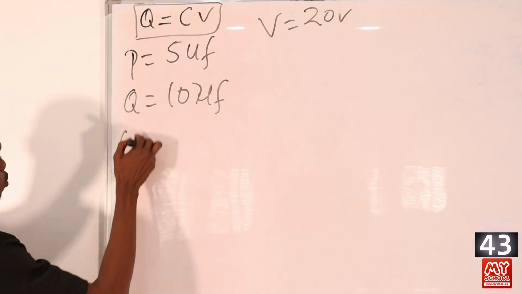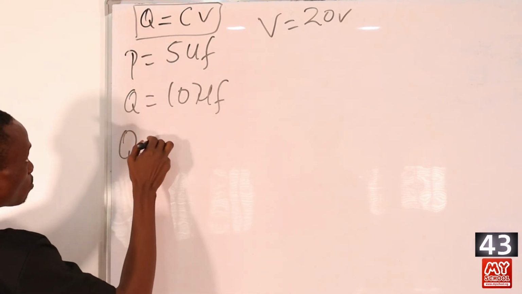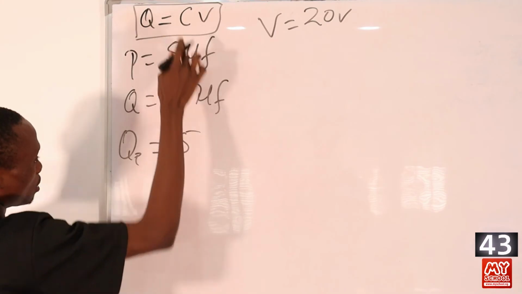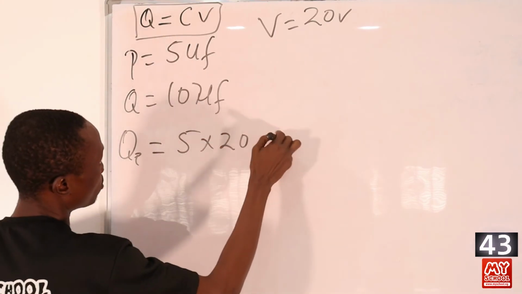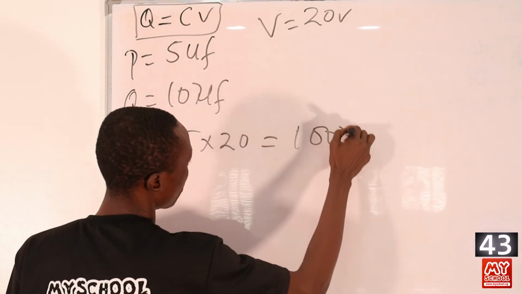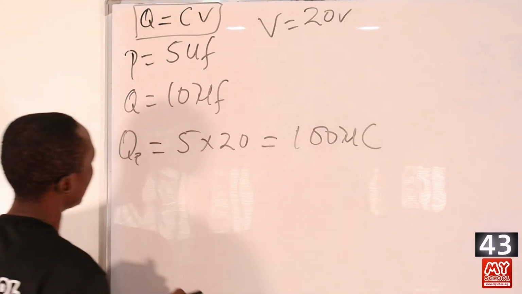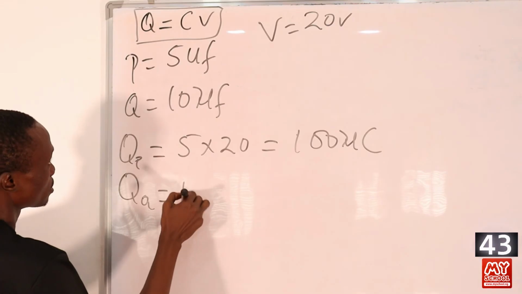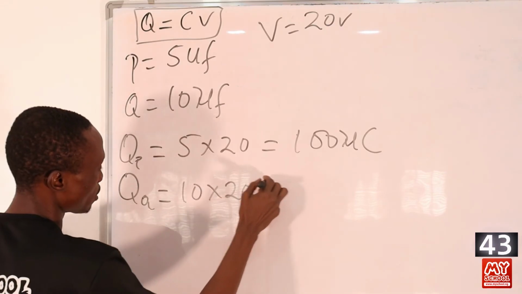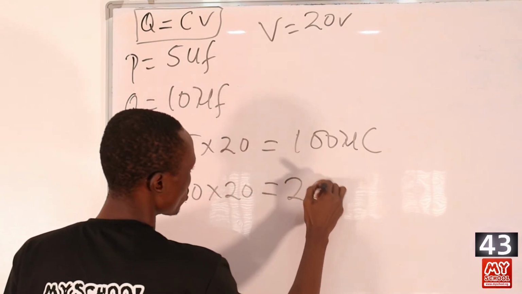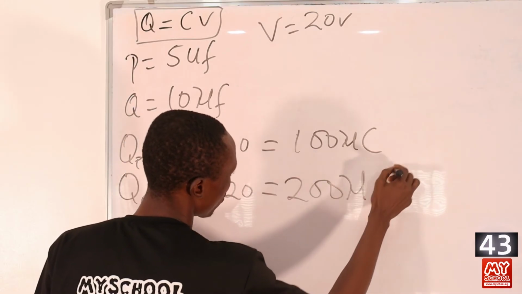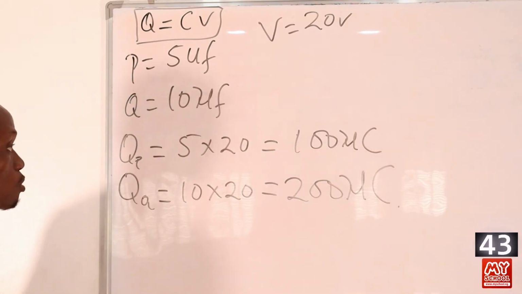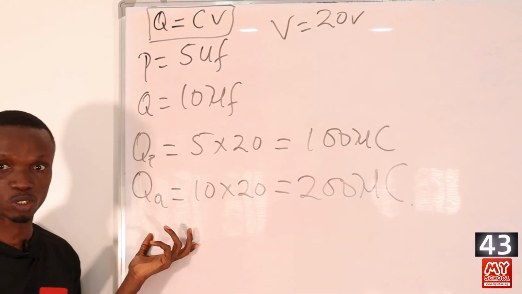So the quantity of charge in the P capacitor will be equal to 5 times the voltage, and that will be equal to 100 microcoulombs, while for the Q capacitor, we'll have 10 times 20, and that will be equal to 200 microcoulombs.